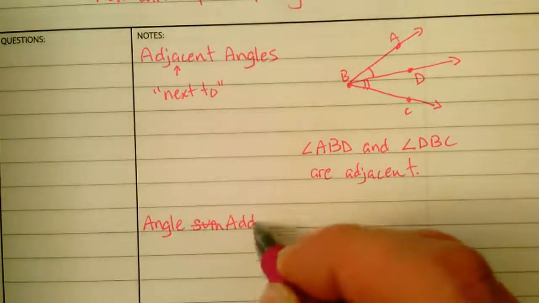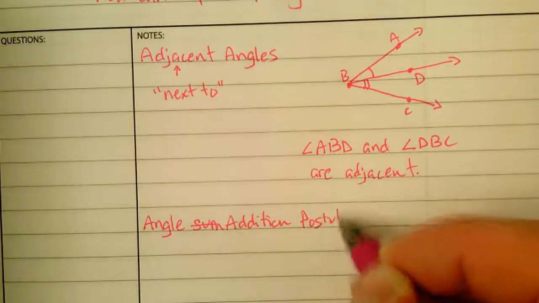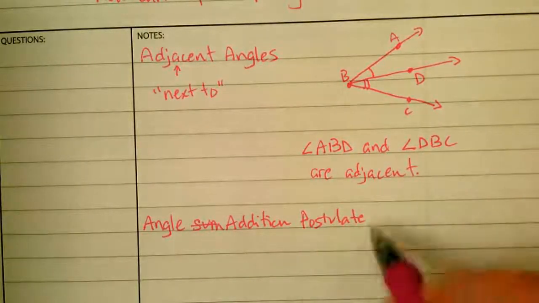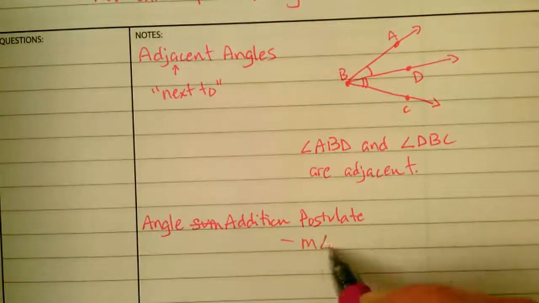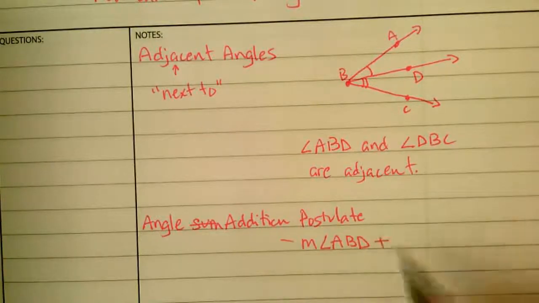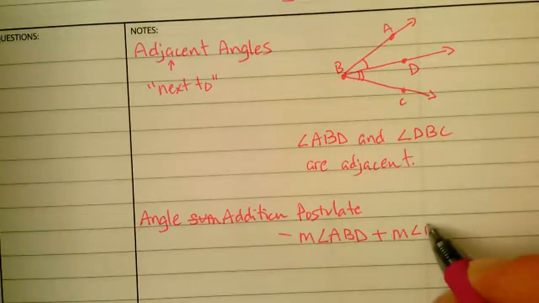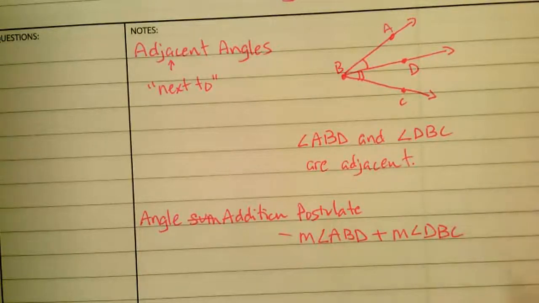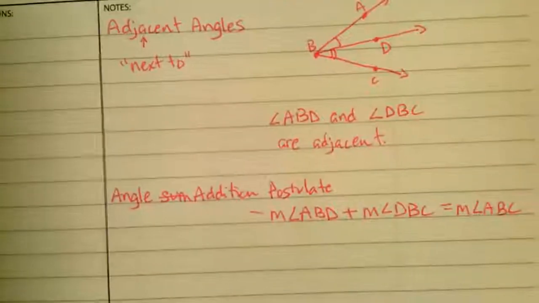Angle addition postulate tells us that the measure of angle ABD plus the measure of angle DBC equals the measure of angle ABC.